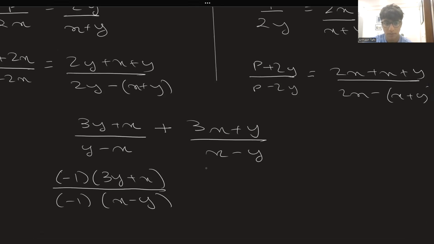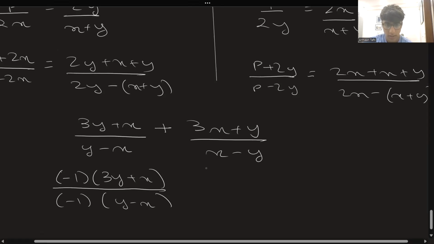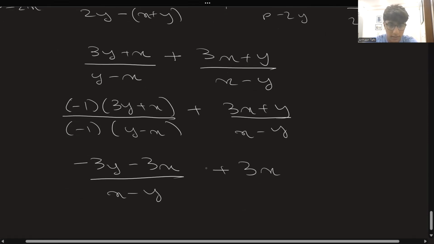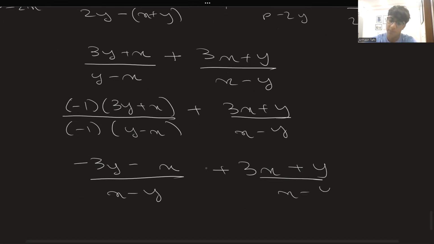So, minus 1 times y minus x plus 3x plus y by x minus y. Now, if you simplify this, you get minus 3y minus 3x by x minus y, right? We discussed that. Plus 3x. Oh, that's 3y plus a single x. Plus 3x plus y by x minus y.